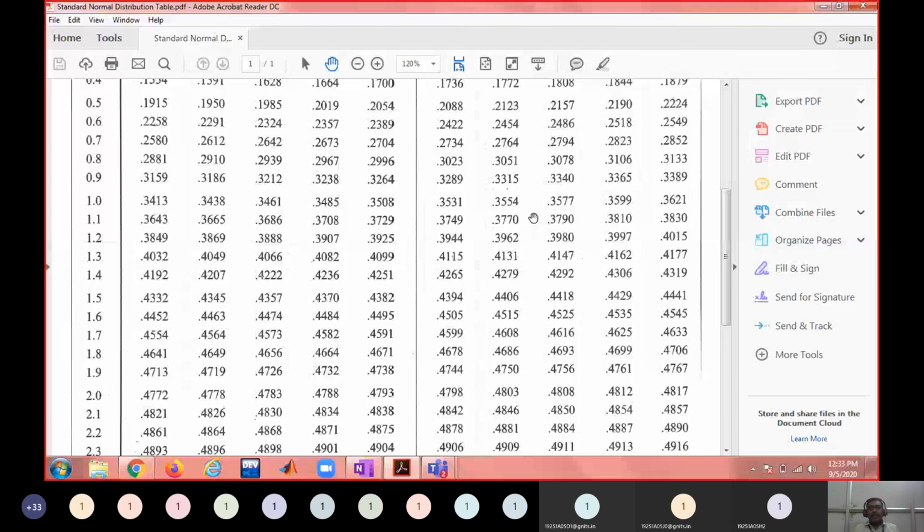That value you have to take. Is that clear? If the value is exactly in the middle of the neighboring values, take the average of the corresponding z values. Otherwise, take the z value whose area is nearer to the given area. With this understanding, please try to solve the remaining two problems.